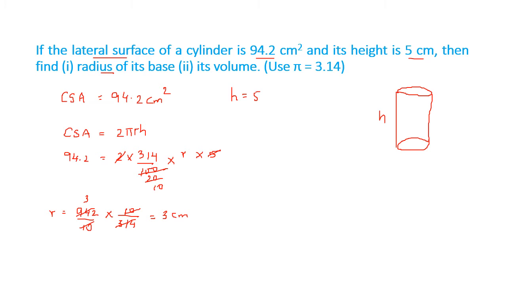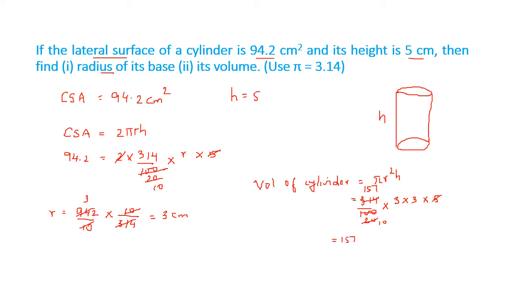Now we find the volume. Volume of cylinder, I hope you remember the formula now. Pi r square h equal to 314 upon 100 into r, that is 3, into 3, into height 5. So 5 ones are 5, 20s are 20, 2 10s are 10, 157s are 157.